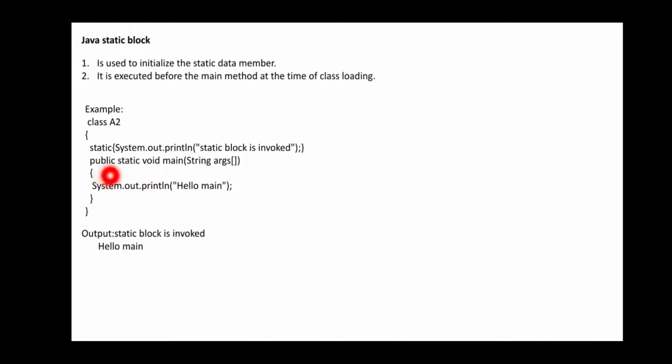Just check: before the public static void main you write static System.out.println, which is going to display first, and afterwards it is going to execute your main method statement, hello main. So that is the difference between the simple execution of programming statements and the main method class.